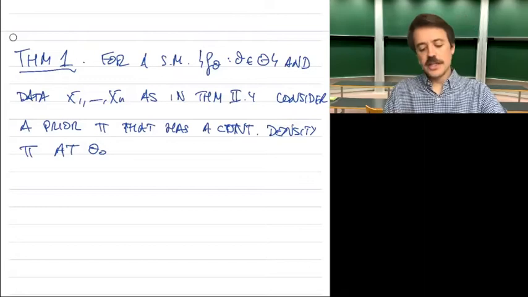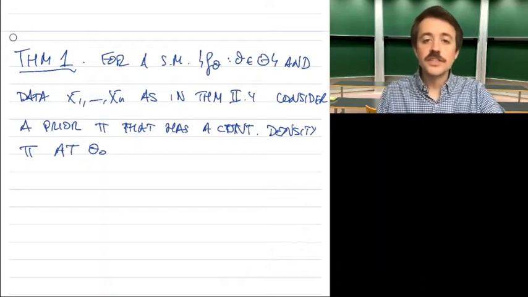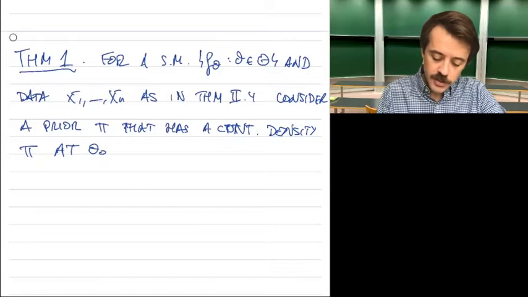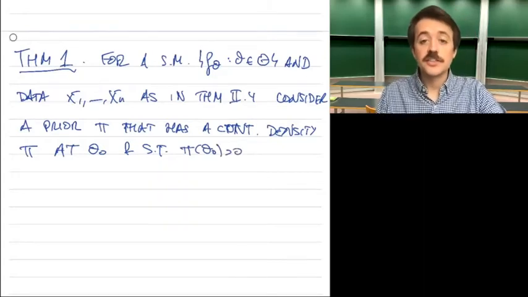Okay, in fact it can be discrete, and I will make a remark after the theorem. But let's focus on this case. So we want to have a density at this point, and such that the density at this theta naught is greater than 0. Yeah, so this is something I anticipated in the previous lecture.